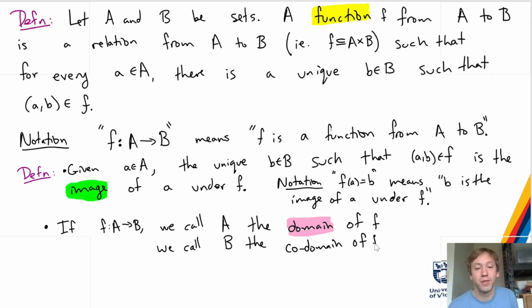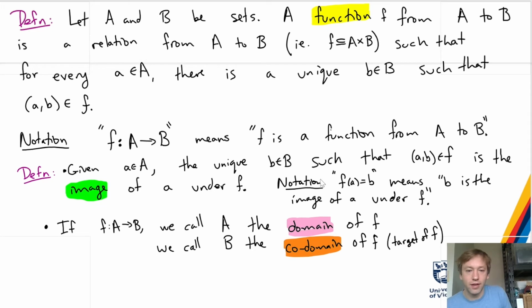This is not necessarily the range of f. In this course, sometimes we also call B the target of f, but probably when you take courses in the future, they'll call it the codomain. So you should know that codomain and target are synonyms for each other.